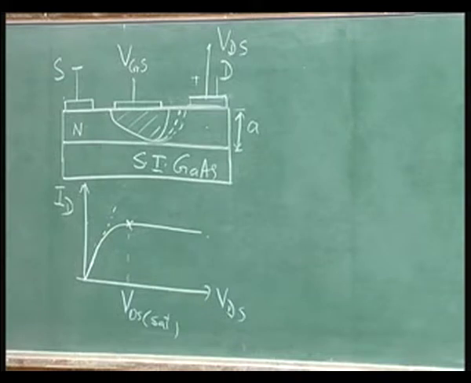That is the Shockley's condition for saturation. So, with that assumption, we just wrote the equation for IV characteristics using Ohm's law, and we arrived at this. I do not want to go through that again, because we have gone through it in detail.